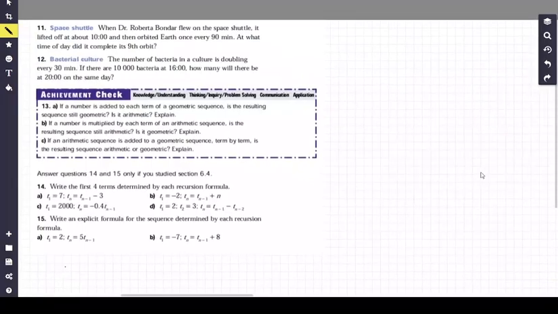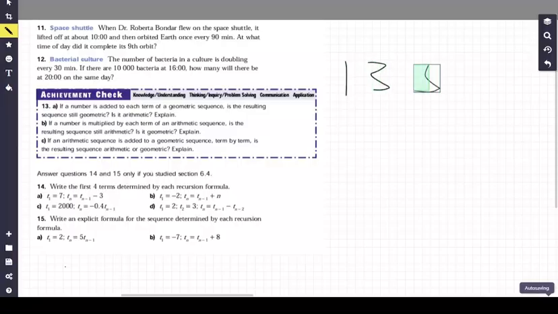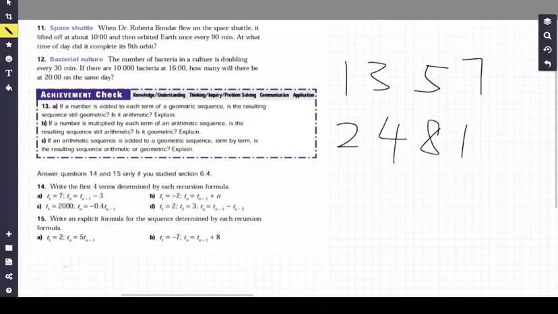If an arithmetic sequence is added to a geometric sequence, term by term, is the resulting sequence arithmetic or geometric? As we proved earlier, it is not. It's a weird hybrid of both. Let's just go ahead and add it.